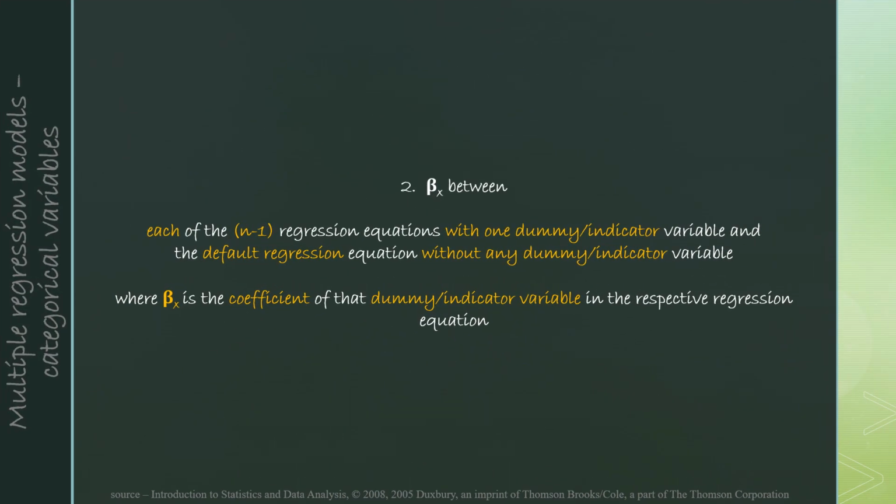And equals beta x, again a fixed value, between each of the n-1 regression equations with one indicator variable and the default regression equation without any indicator variable, where beta x is the coefficient of that indicator variable in the respective regression equation.